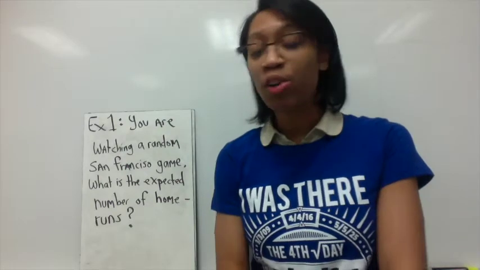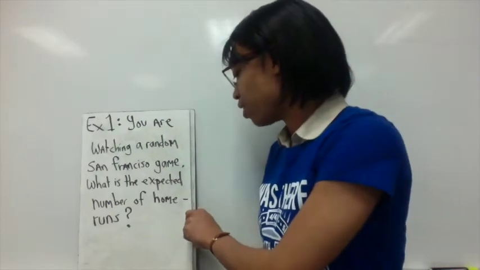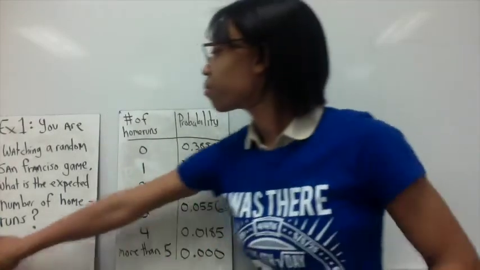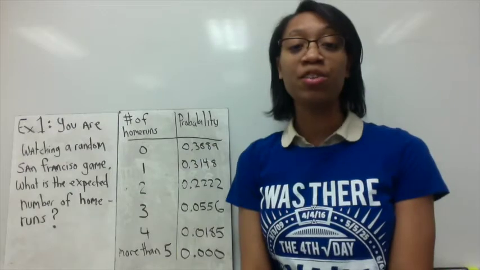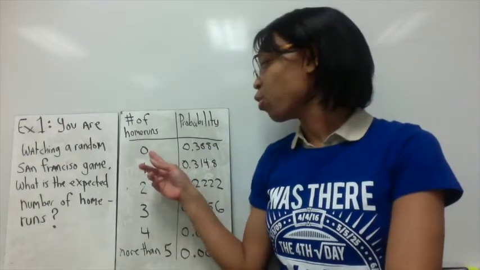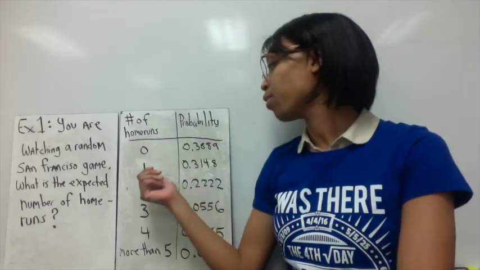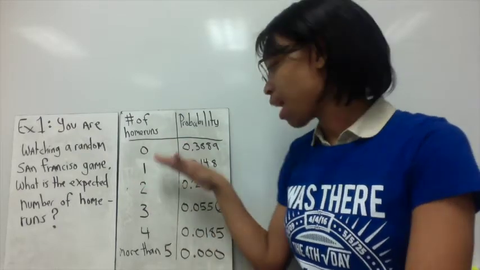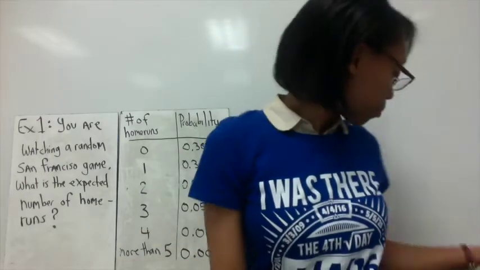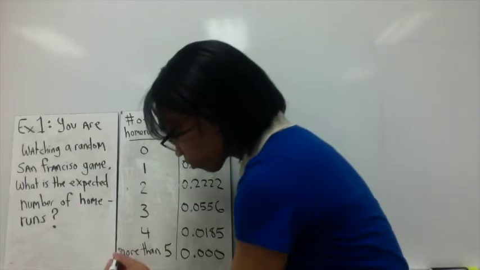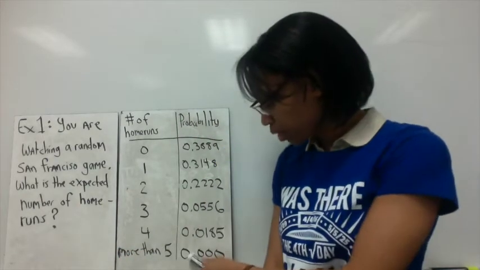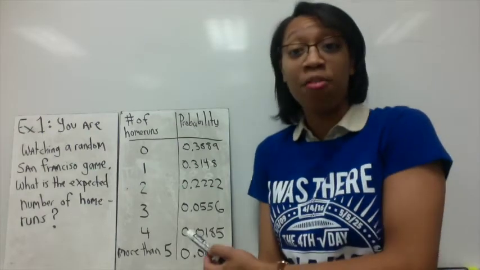Well, you pull out your stats for the year, and you can see the probability of having 0 home runs is this number, and the probability of having 1 home run is this. You can tabulate all of these. The probability of having more than 5 home runs is actually 0. That never happened the whole season.